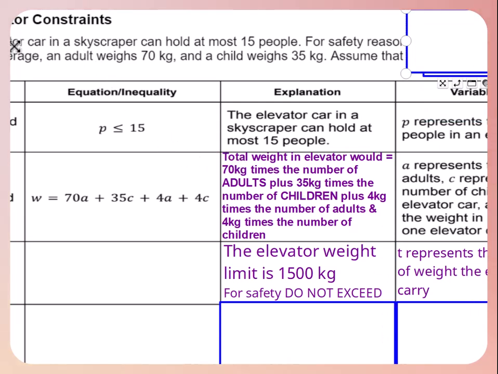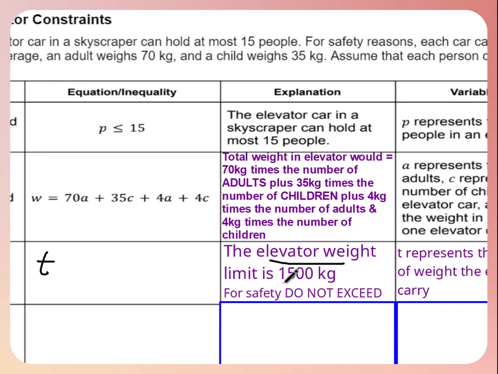You can use whatever variables you want. So I'm going to say t is the total amount of weight that the elevator should carry. All right, so the maximum weight of 1,500 kilograms. All right, the elevator weight limit is 1,500 kilograms. We're not going to exceed that for safety. So the total weight has to be less than or equal to 1,500.